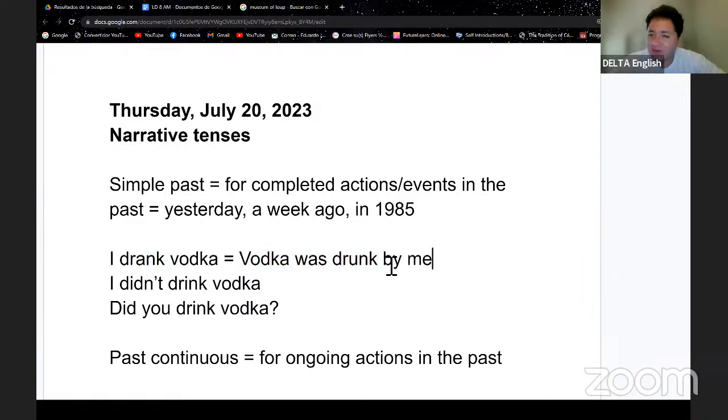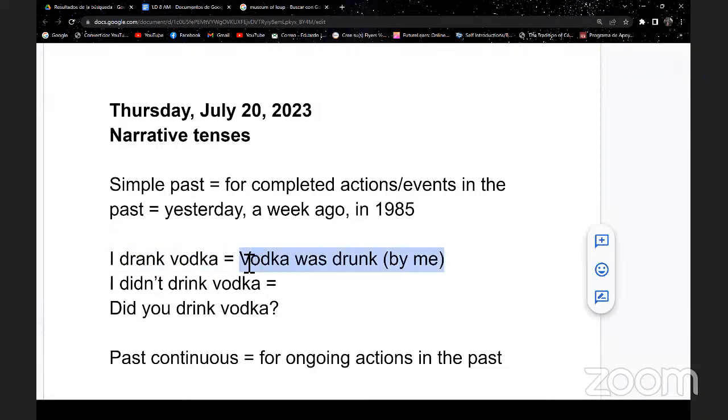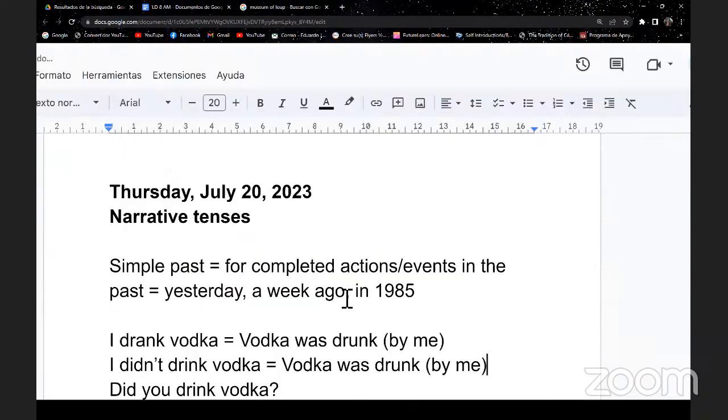By me, I can say, right? Okay. And remember that by me is always optional, right? Okay, now the next one in passive voice. Vodka was not drunk. Exactly.